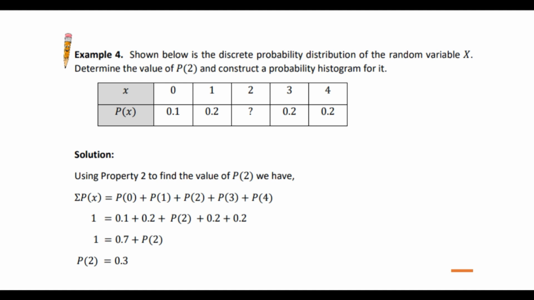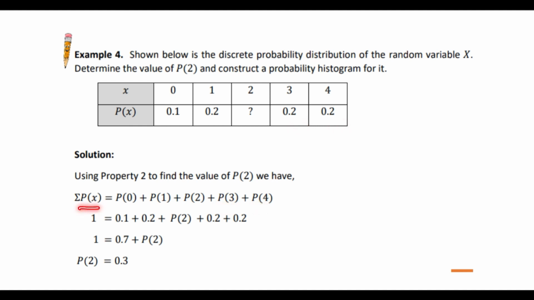So for our solution, let us use property number 2 to find the value of the probability of 2. So we have the summation of P of X is equal to the probability of 0 plus probability of 1 plus probability of 2 plus probability of 3 and plus probability of 4.